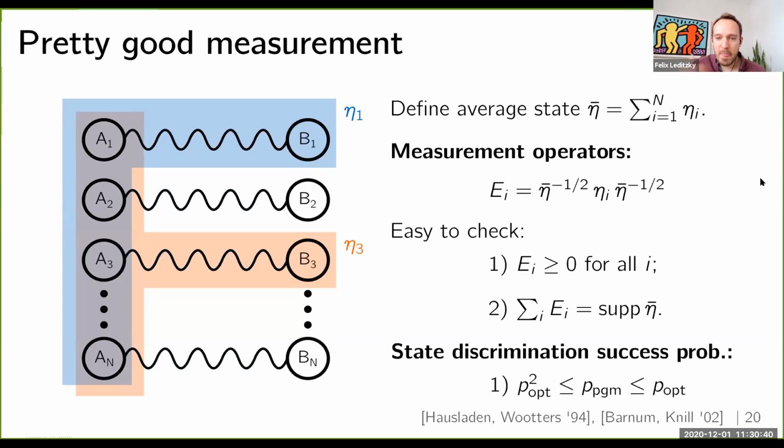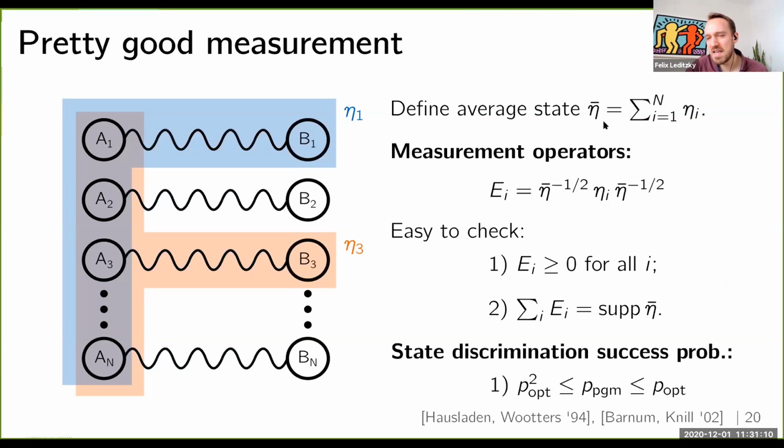Okay. It's a little peculiar why this is defined like that, but it makes a little more sense when you check that this is in fact a POVM, a measurement. For that, you need to check that these measurement operators are positive semidefinite. This is satisfied. This is an easy exercise. And then when you sum them up, you want the identity. Remember, I told you a POVM always needs to conserve probability. Here, there's a technicality.